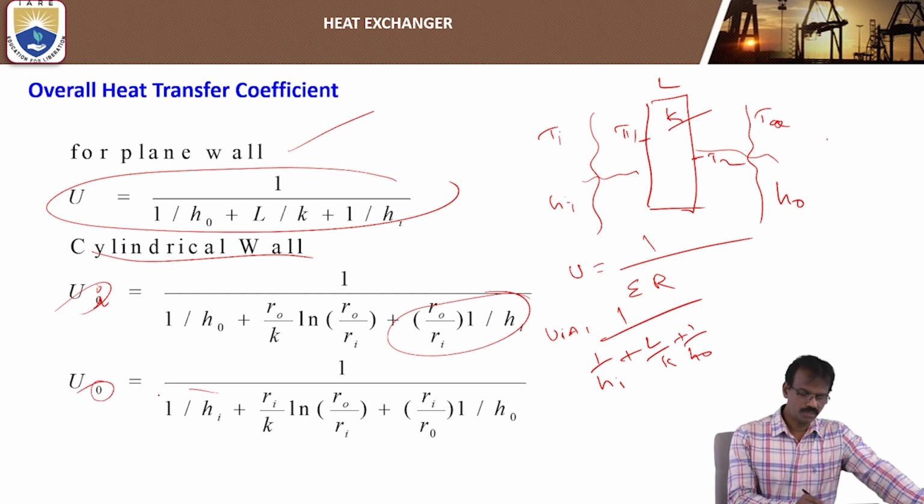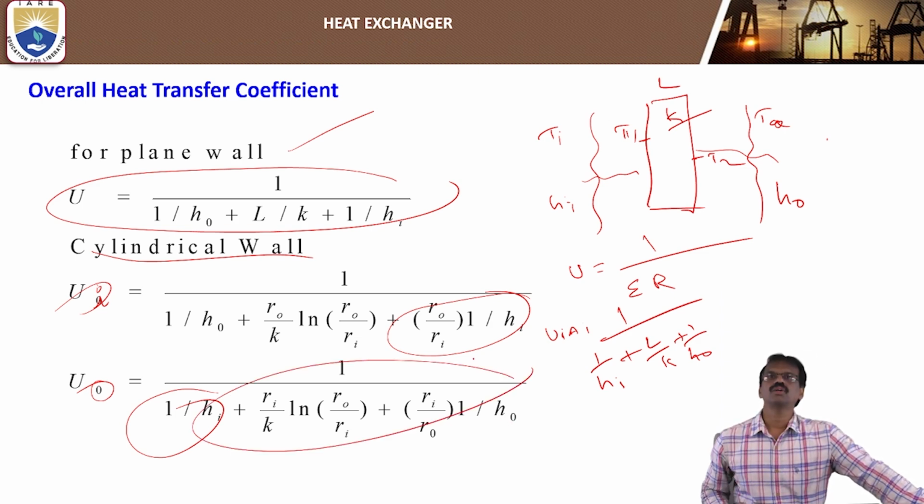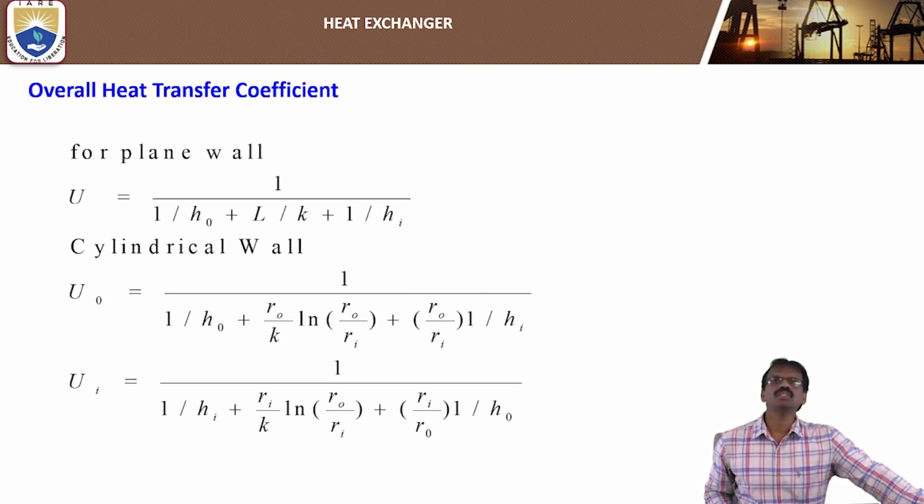For the outer surface, first we see 1 by ho, plus Ro by K into ln Ro by Ri, plus Ro by Ri into 1 by hi. These are the formulas you can refer to for solving different numericals based on the overall heat transfer coefficient.